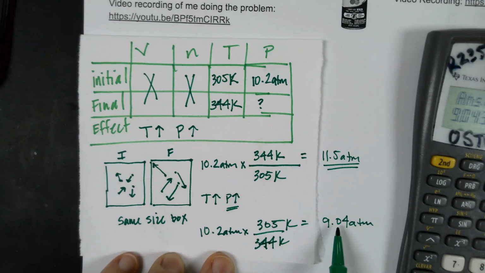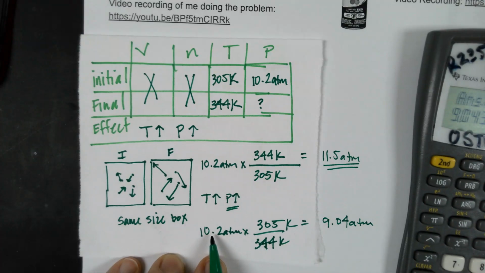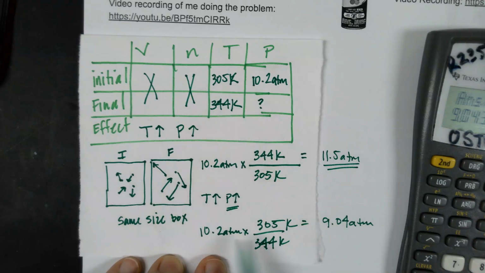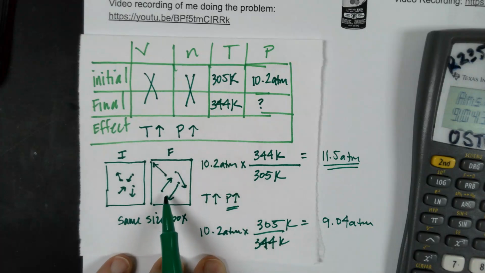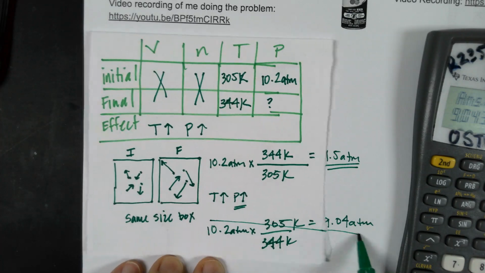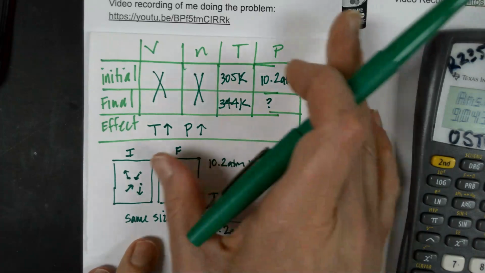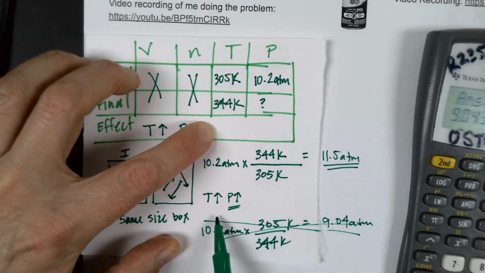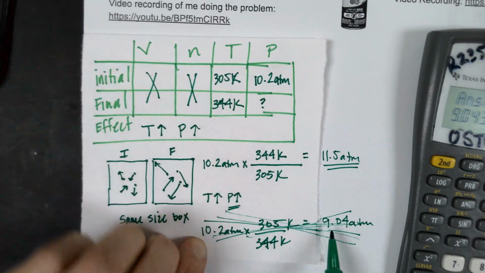And that can't happen because if temperature goes up from initial to final, you saw that the pressure went down, and that's not the case. That's not what our picture is showing us. So this one is not true. This one cannot be true.